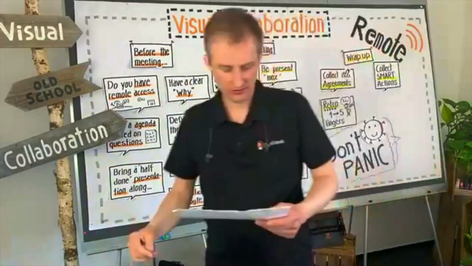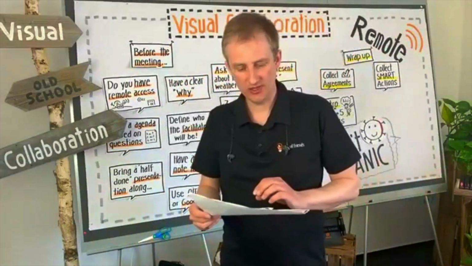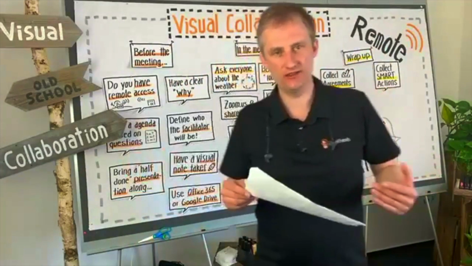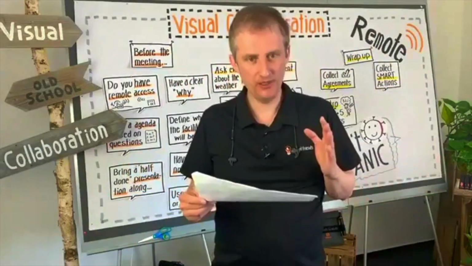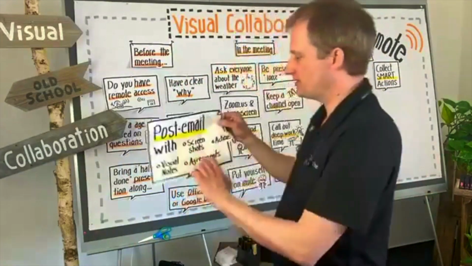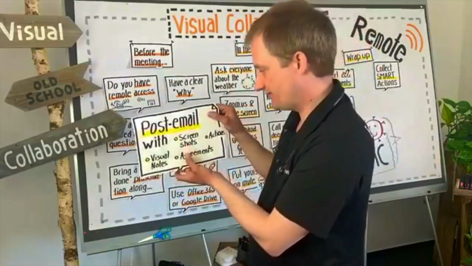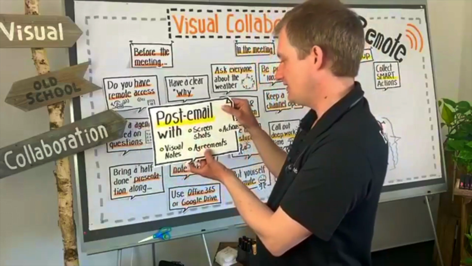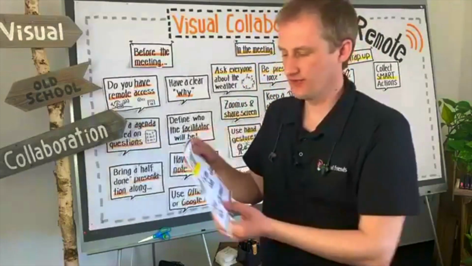Something I wrote down is the post-workshop email where you basically put every artifact and every insight you have after the workshop. I wrote screenshots, like who was there. I hope we can do one of those in a second at the end. And then agreements you had already captured, visual notes, and the actions.